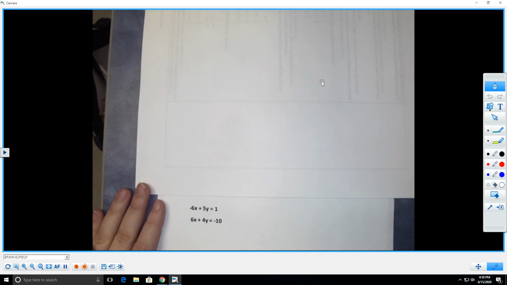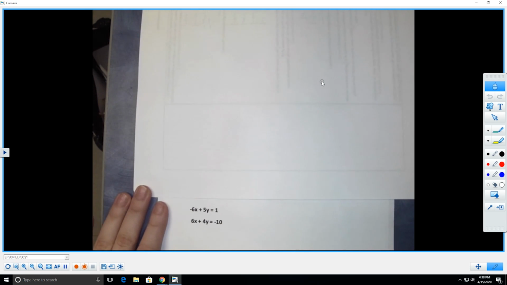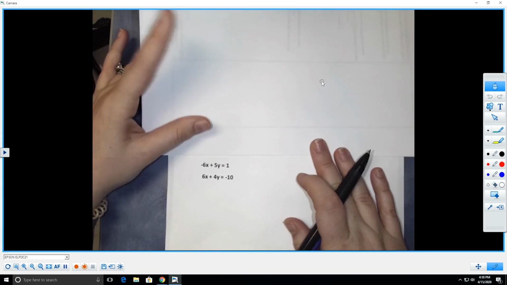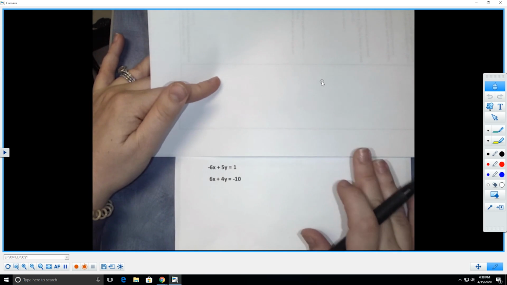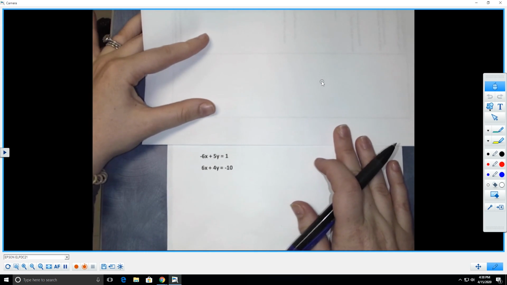Let's try one more example before we call it a day. So here is your system. First, I want you to choose which variable to eliminate. Looking at the system, which variable would you choose?